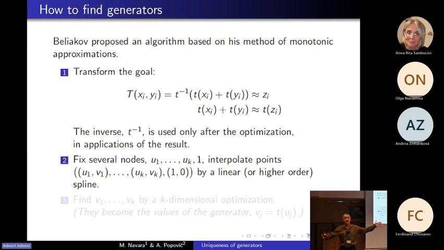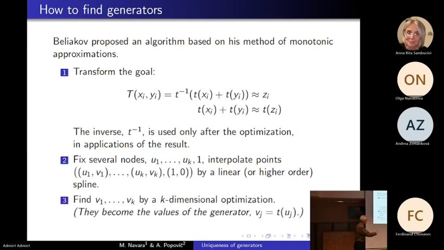Well, then monotonicity is not a problem. More generally, you can consider higher order splines if you pay attention to keep monotonicity. That's also a possible alternative. So after this, the task reduces to choosing the values at the nodes monotonically in such a way that you optimize the fitting of the generator to the data.